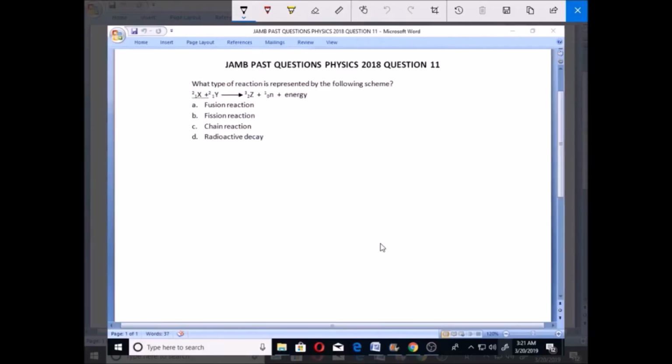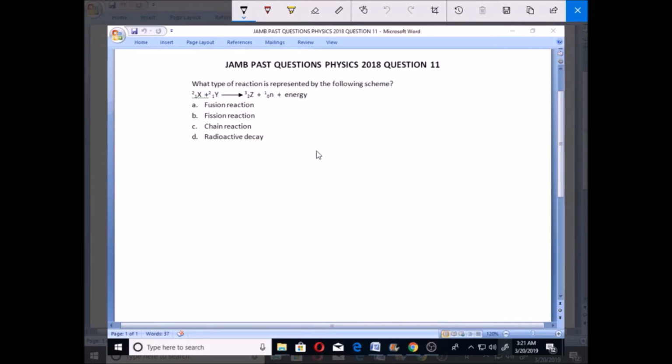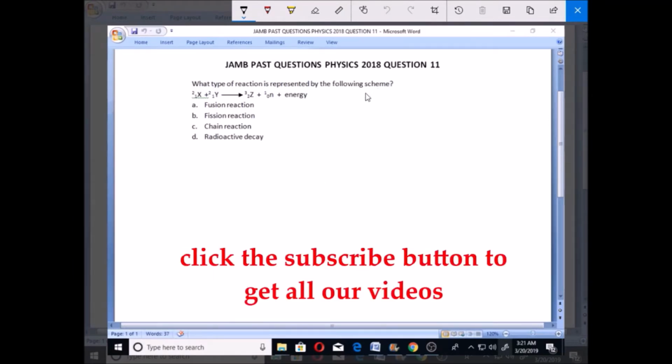Welcome. Let's look at question number 11 for JAMB Past Questions Physics 2018. The question goes, what type of reaction is represented by the following scheme?